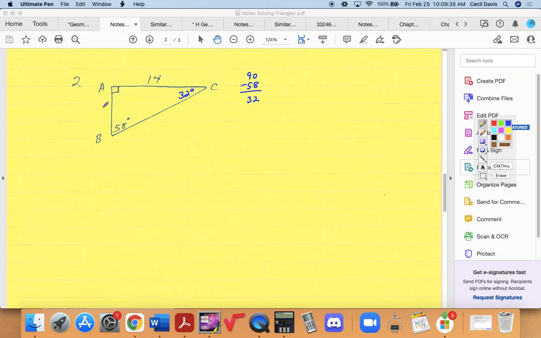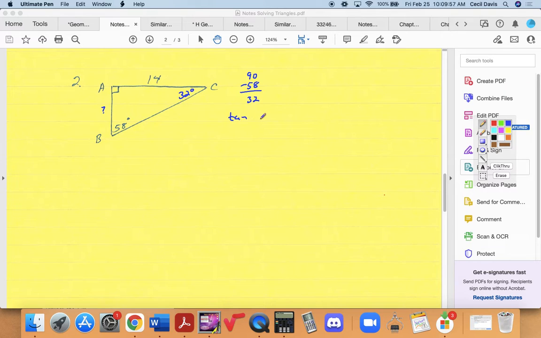So let's say we're going to find AB. So what side is AB relative to the 58? Anyone? Adjacent, exactly right. And the 14 that we're given is? Opposite. So what are we going to use to find AB? Tangent.